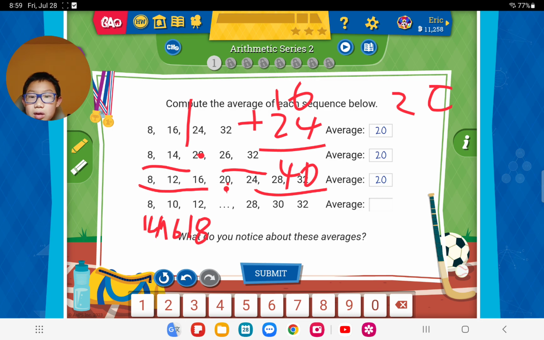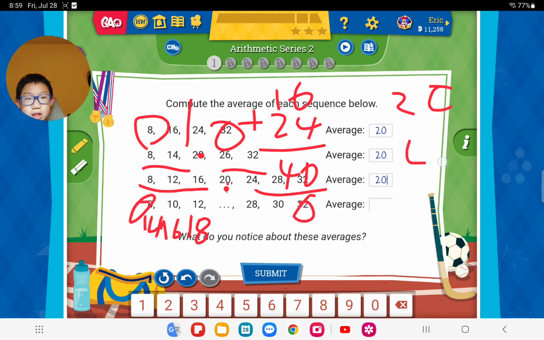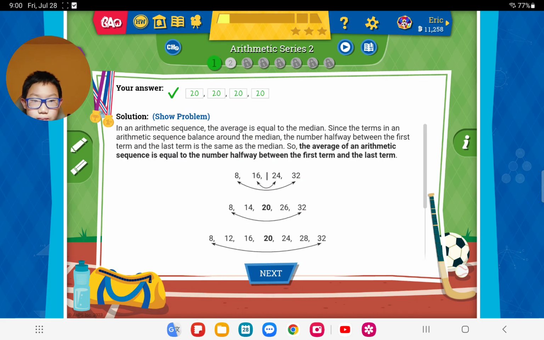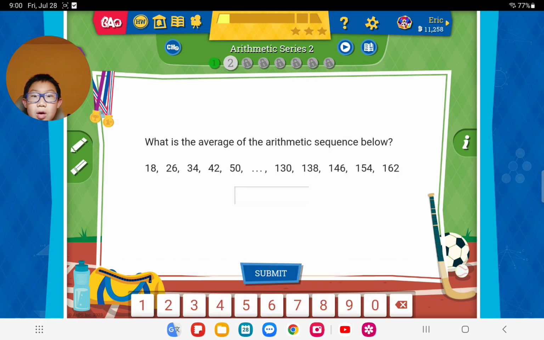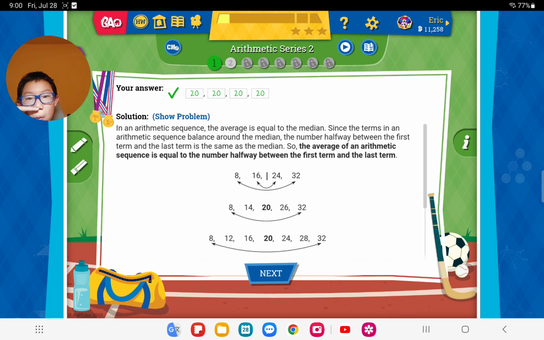Actually it also equals the first one plus the last one divided by 2. So this one plus this one equals 40, divided by 2 is 20. See? You find the rules. Okay, keep going.